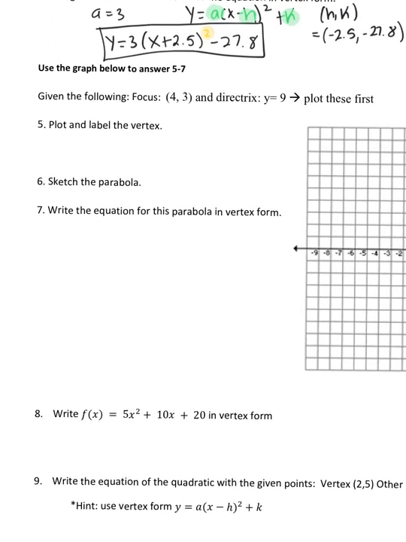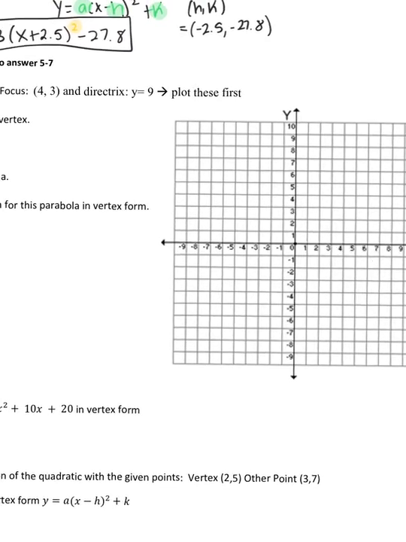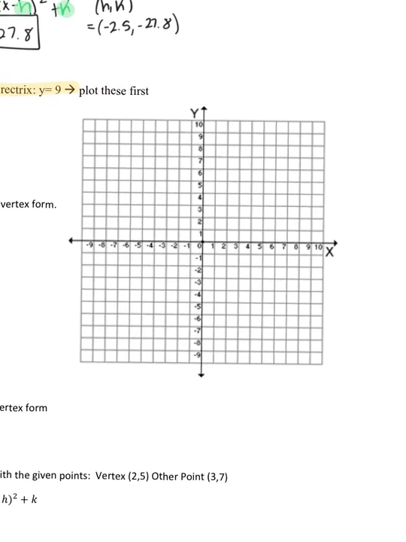Next is the focus, vertex, and directrix. So you're going to plot what you're given first. I have my focus at 4, 3, and my directrix at y equals 9. So I'm going to go to my graph, my focus is here, and my directrix is at y equals 9, so up here.